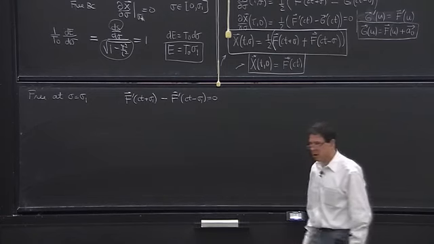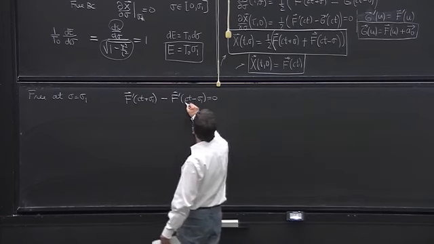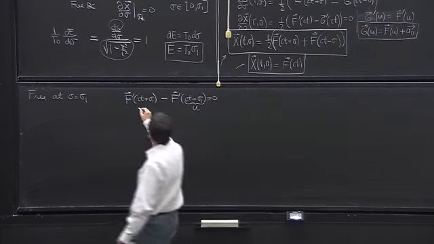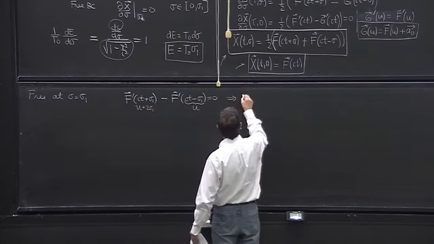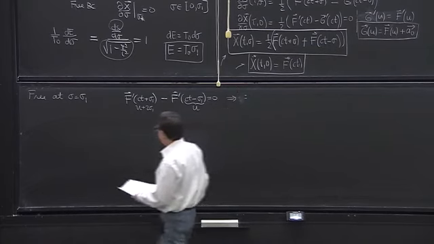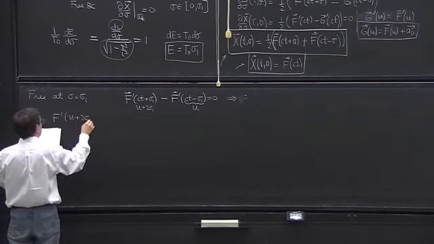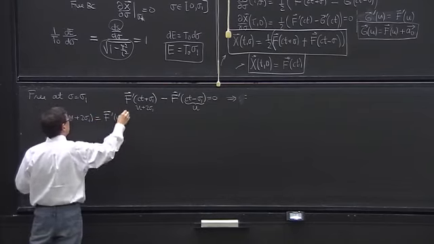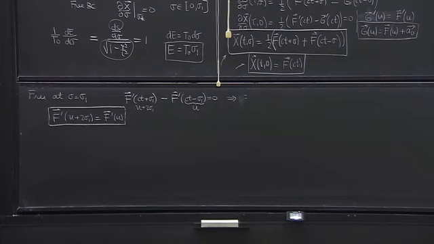Looks messy, but all these things look messy to begin with, and you have to rethink them. So you call this u. It's just an argument. So then this becomes u plus 2 sigma 1. And then we've learned that f prime of u plus 2 sigma 1 is equal to f prime of u. So here's what you've learned now, that the function f prime must be periodic with period 2 sigma 1.